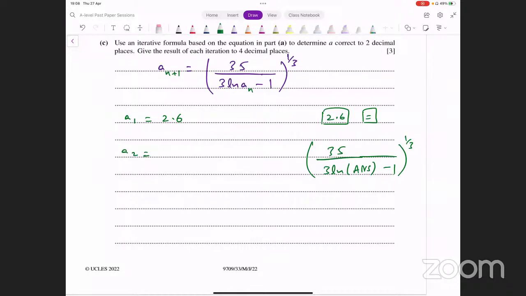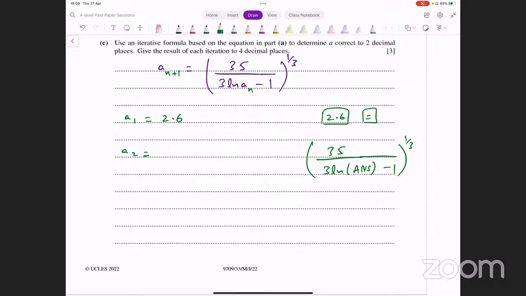Now write down the formula: 35 divided by 3 ln of answer minus 1, whole raised to power 0.33333. Okay, see what you get. Oh, 35 over this, is this correct? Yeah, okay. Let's evaluate this.